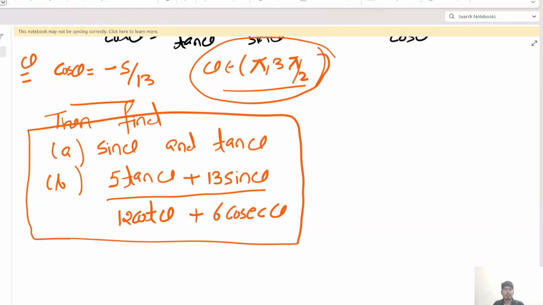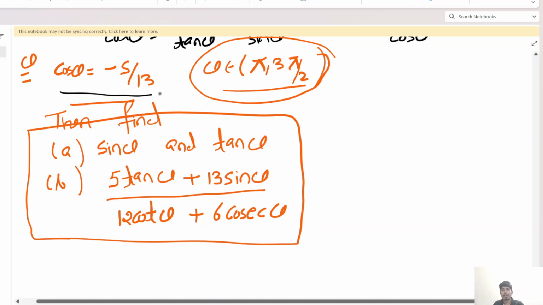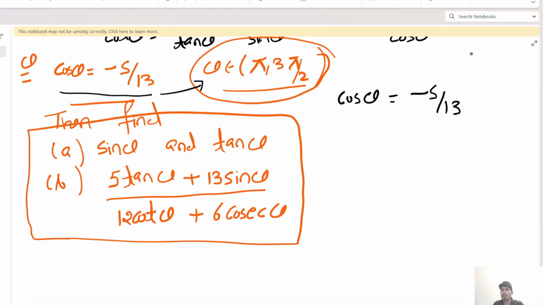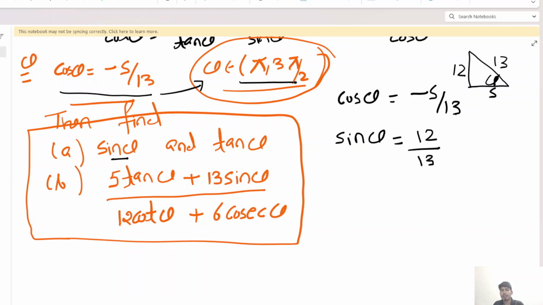First we find all the trigonometric ratios in the third quadrant. Given cos theta is minus 5 upon 13, we make a right angle triangle. This is theta, the hypotenuse is 13, the base is 5, then the perpendicular is 12. Sin theta is perpendicular upon hypotenuse, but sin is negative in the third quadrant, so it is negative.